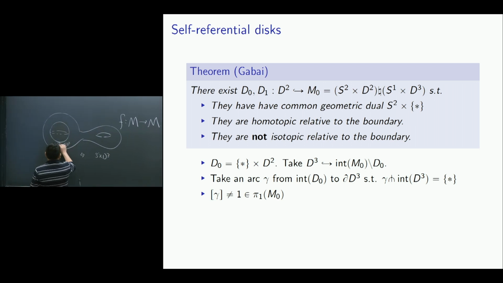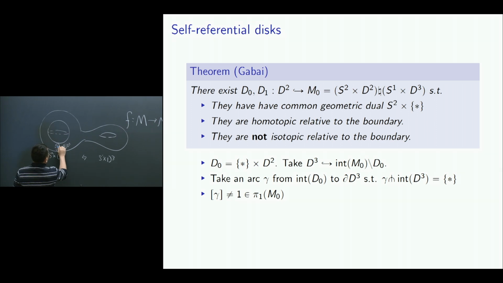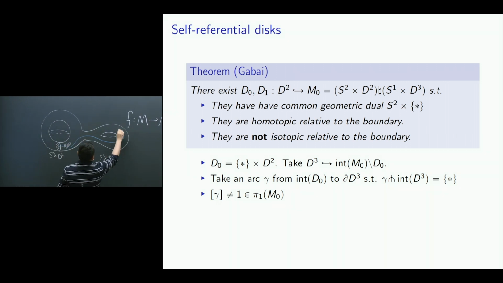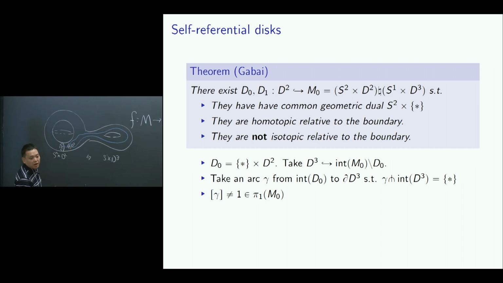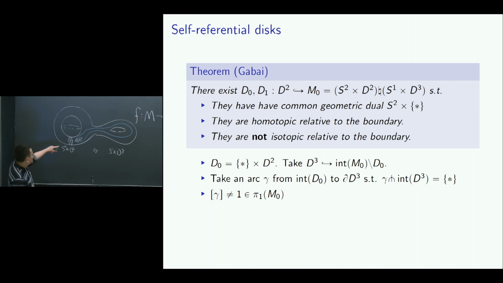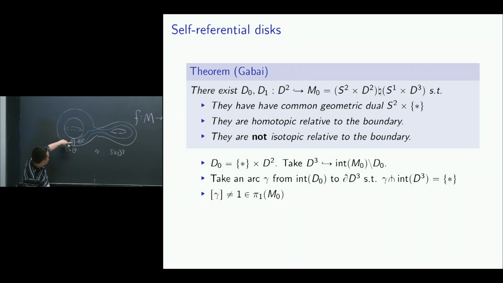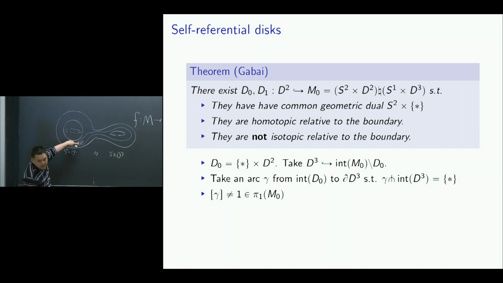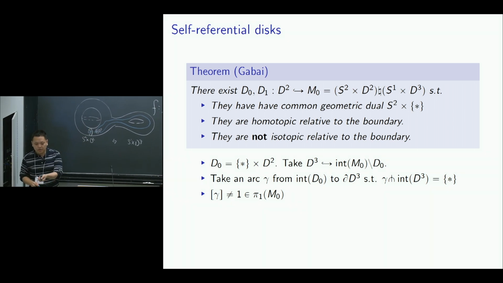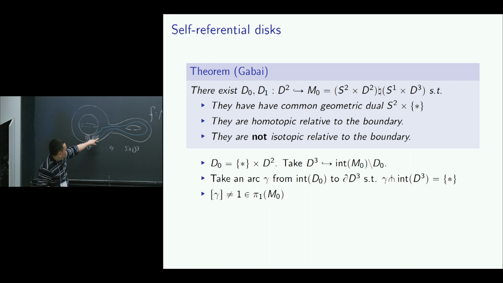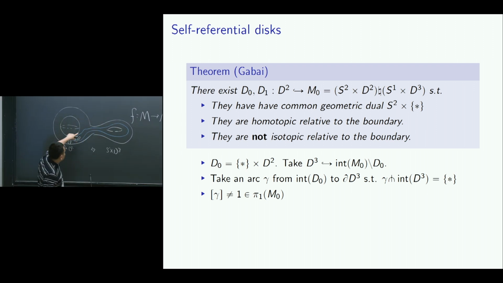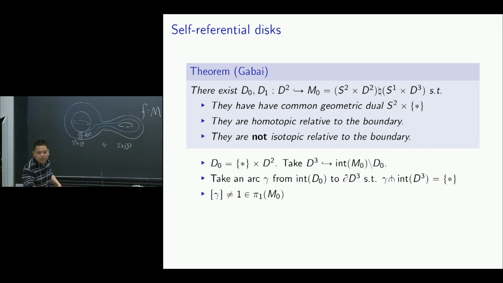So let's pick an arc going from, let's say, the center of the two-dimensional disk, and it intersects the three-dimensional disk transversely, and goes along a non-trivial loop and connects to the boundary of this three-dimensional disk. So this is an arc in a four-manifold, starting from the interior of D0, intersecting D3 transversely in the interior, going along here and going back to the boundary of the three-dimensional disk.